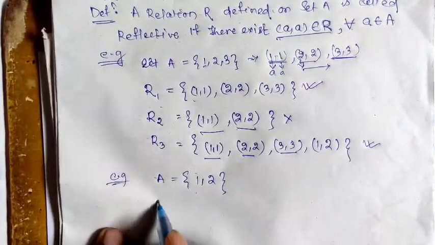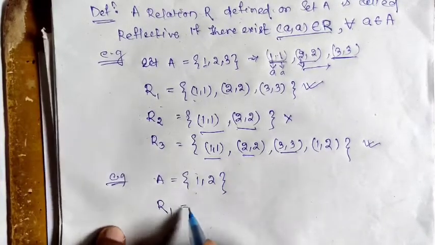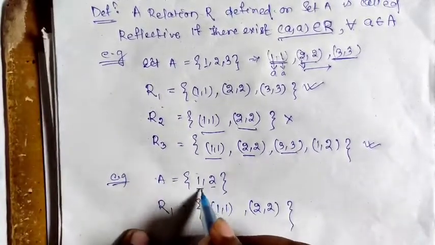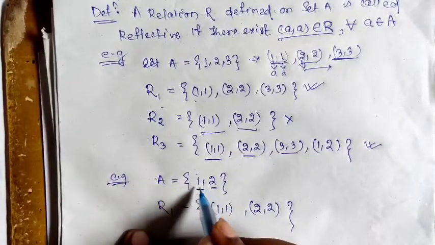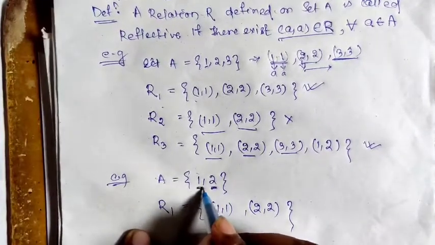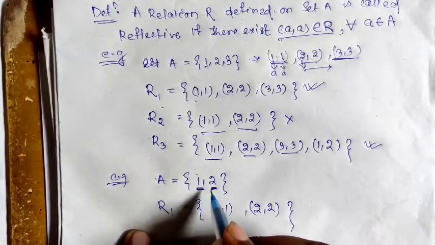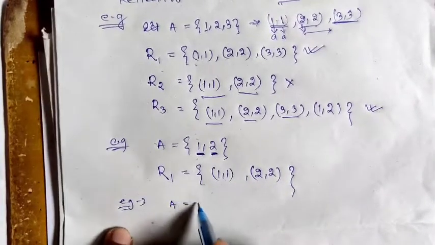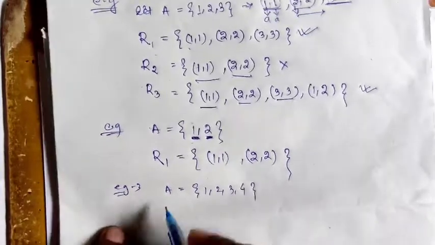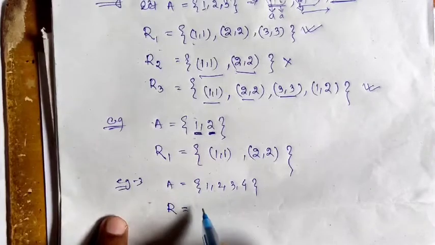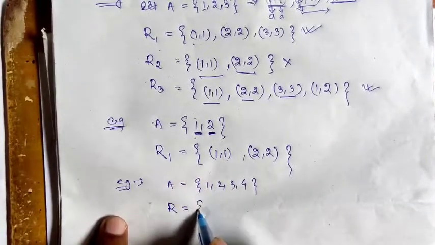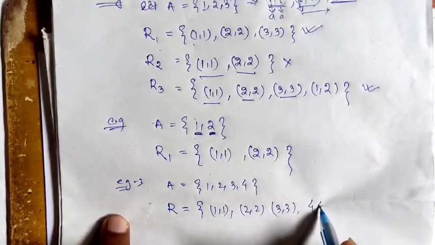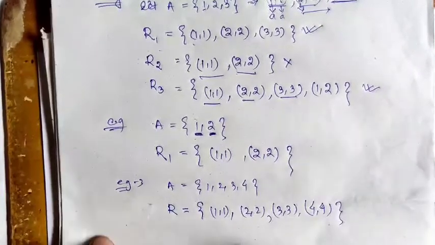So for a relation to be called a reflective one, it must contain ordered pairs (1,1) and (2,2). Means all elements must be related with themselves. Example three: set A consists of 1, 2, 3, 4. So for a relation to be called a reflective one, it must contain the ordered pairs (1,1), (2,2), (3,3), (4,4), then it is called a reflective one.